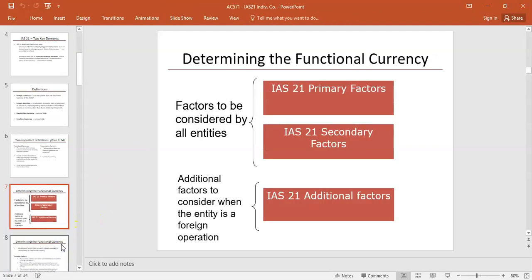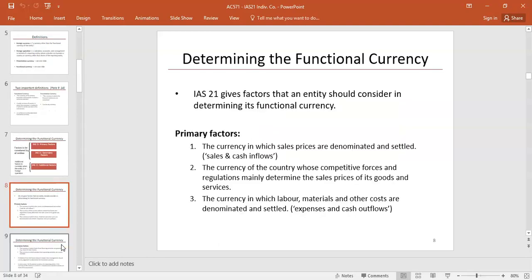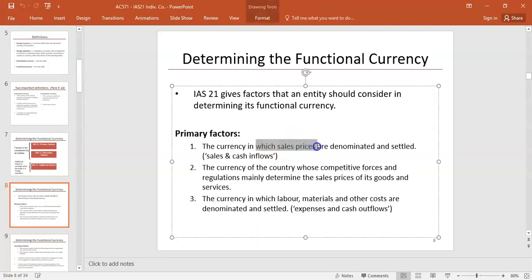So determining the functional currency, you look at primary, secondary, and additional factors. So your primary ones, the obvious ones, are where your sales are denominated, where your main competitors are, and where your main expenses are. And they'll be all the very obvious ones you're looking for: where you're getting your sales from, where you're getting your purchases from, and where's your main competitive environment.